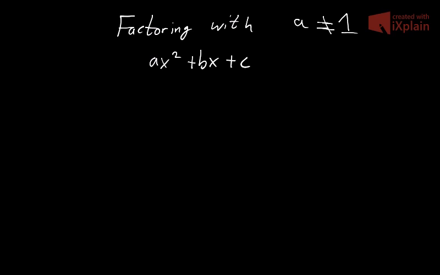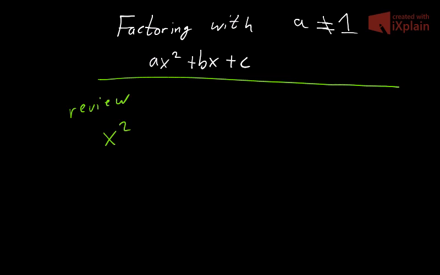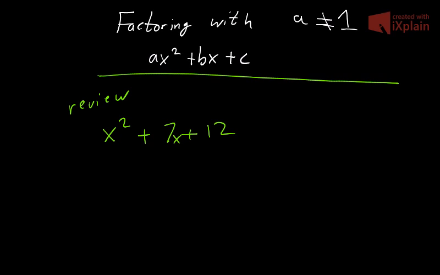So what I want to start off with is factoring with this equal to 1 again for some quick review. So for review, if I have something that looks like x squared plus 7x plus 12, what I would want to do is look right here and ask myself, what can I do to add to this number?